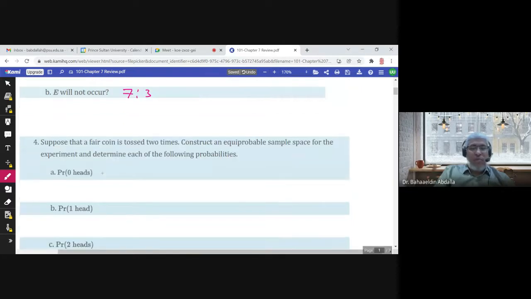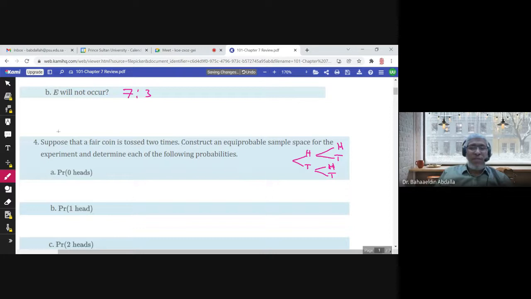Question 4. Suppose that a fair coin is tossed 2 times. We know that when a coin is tossed, one coin, we have H or T. Same coin tossed twice, then the second time I still have these possibilities.